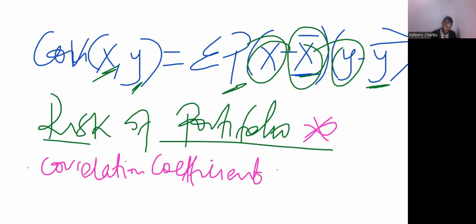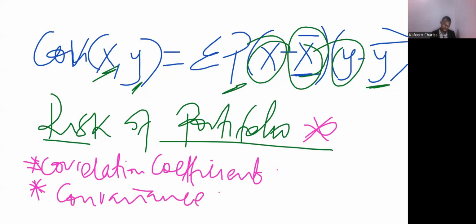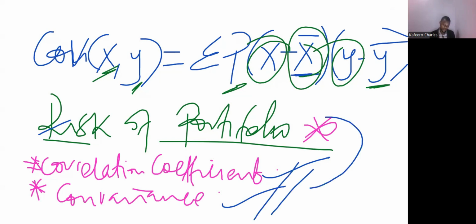And this correlation coefficient also brought something new, which is the covariance. There is no way you will get the risk of a portfolio if you have failed to compute the correlation coefficient, then the covariance, because these two feed into the final formula that you are going to use to compute the risk of a portfolio.